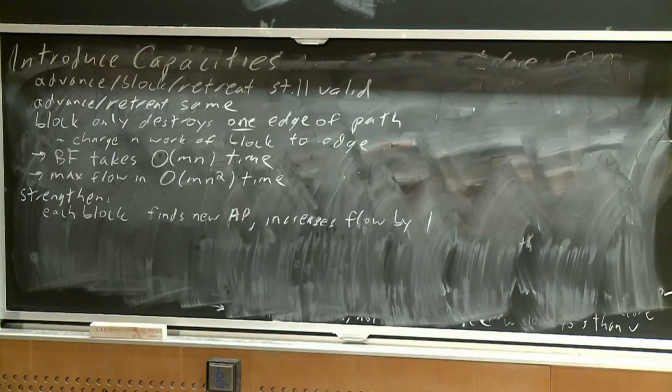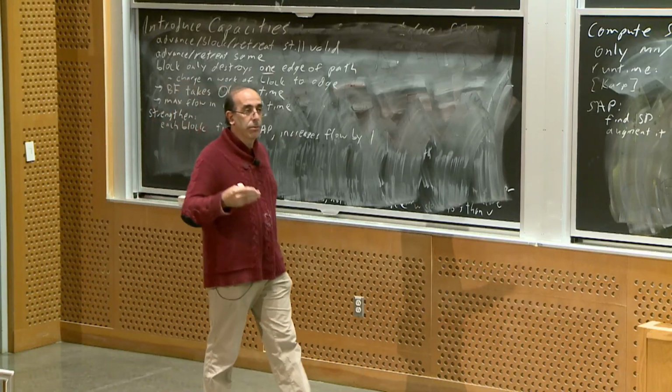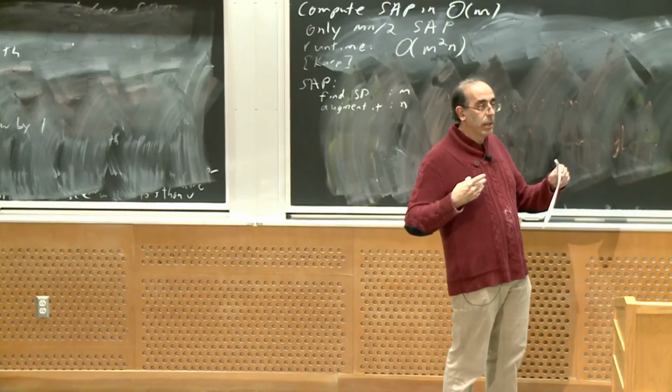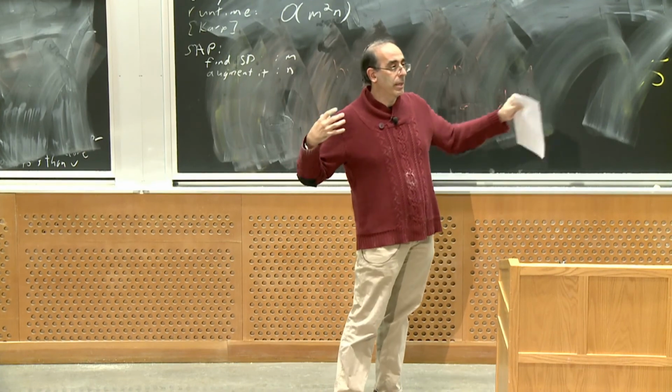And this is true even if we think about all of the different stages of the blocking flow, right? We're going to do a blocking flow where the admissible graph has length 1, and then we'll do another blocking flow where the admissible graph has length 2 and 3 and so on.